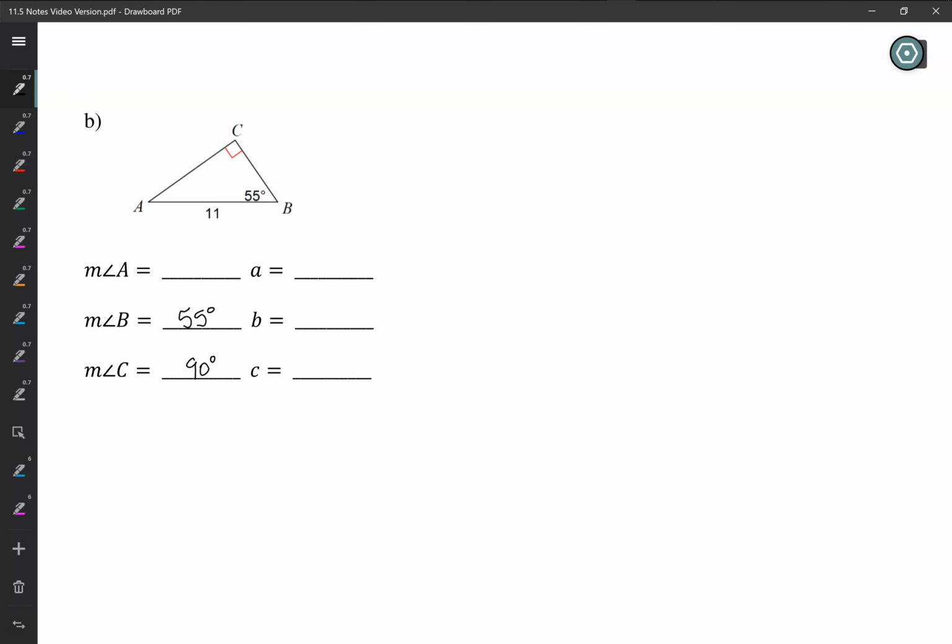And this 11 is the hypotenuse. It's across from angle C, so that is little c right there. So the other pieces are unknown. We need to label the other 2 sides. So across from angle A is little a, and across from angle B is little b.